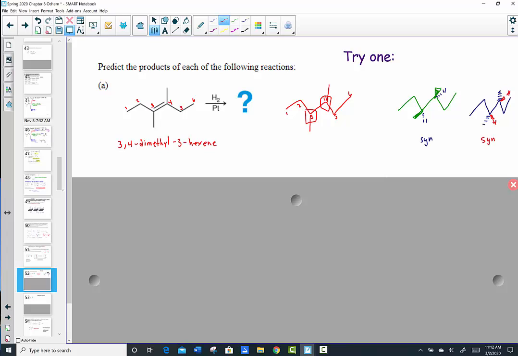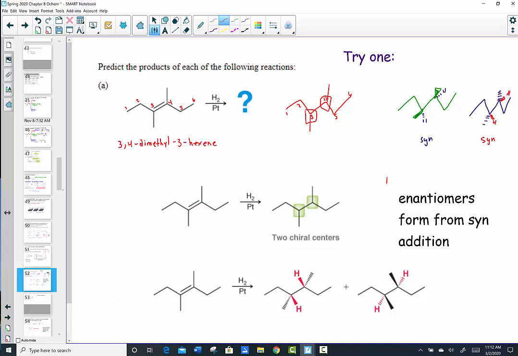And that's really what you're considering when you're writing out the stereo considerations. Look for chiral centers. And you see that based on hydrogens both being dashes or both being wedges, the enantiomers form from syn addition. So we typically don't see these in the structure, so you have to imply that they're there. How about you try one now?